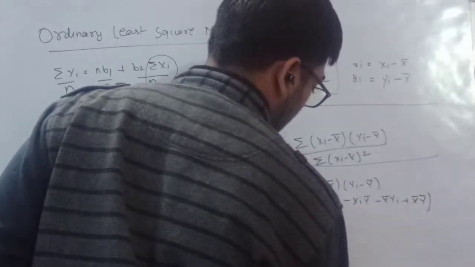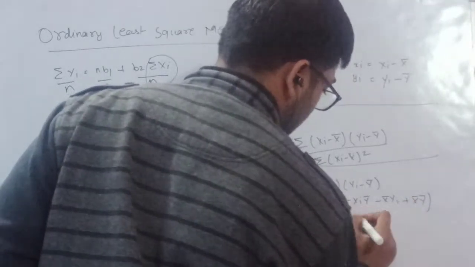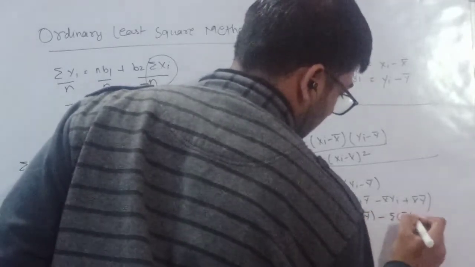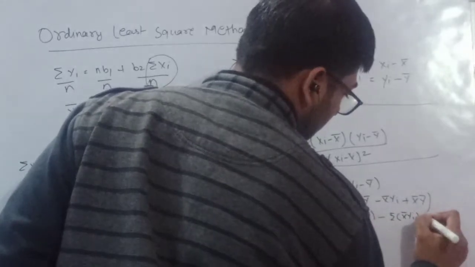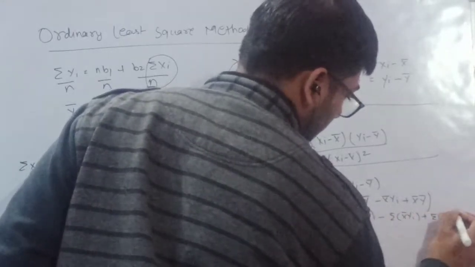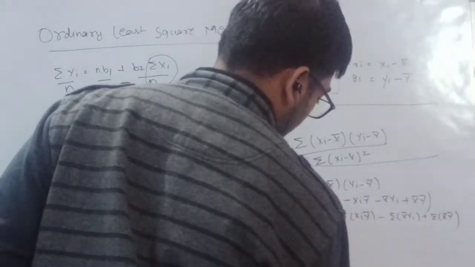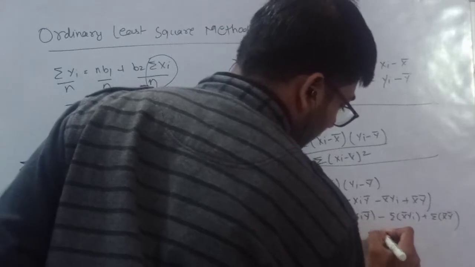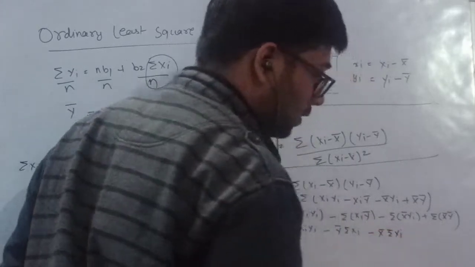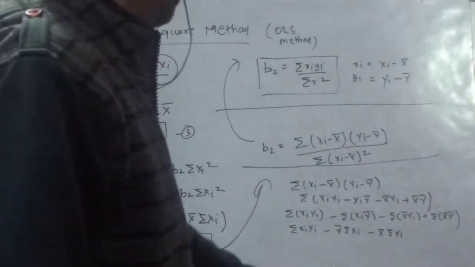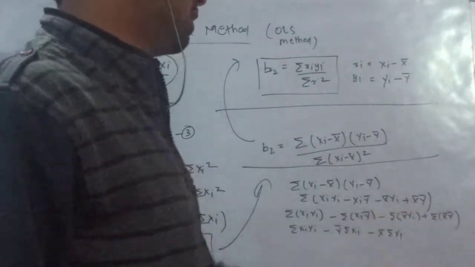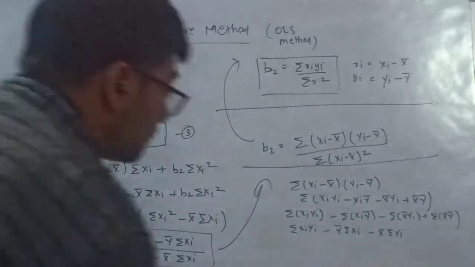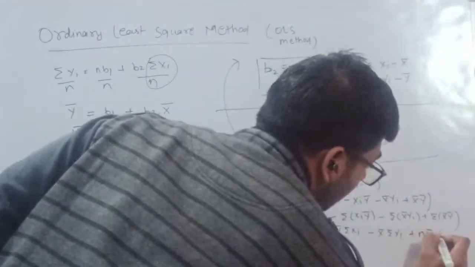Summation xi yi minus summation xi y bar minus summation x bar yi plus summation x bar y bar. So summation xi yi minus x bar summation yi, and the summation of a constant, so we can write it as n x bar y bar.